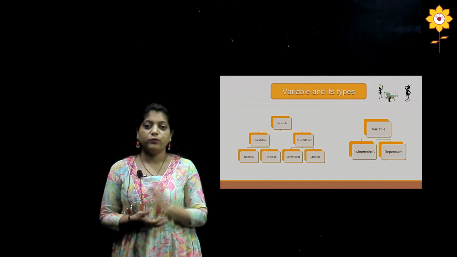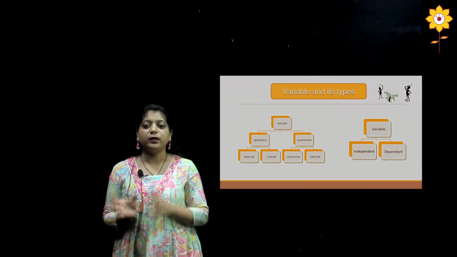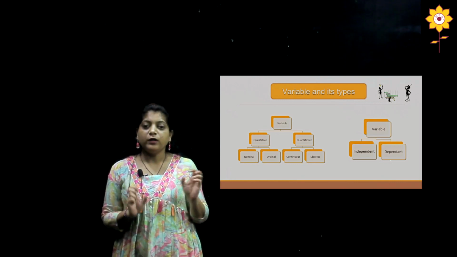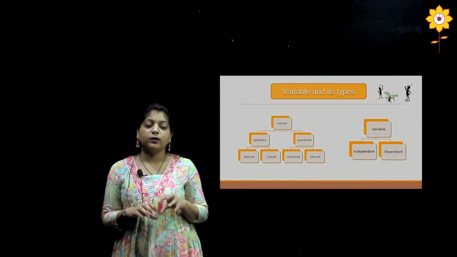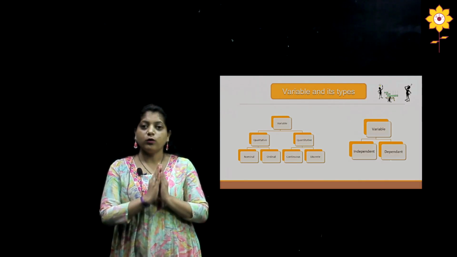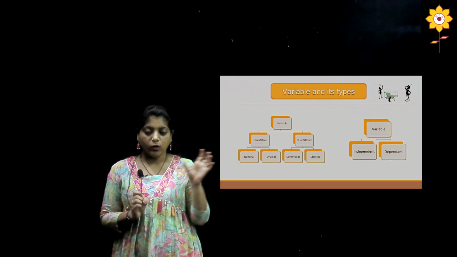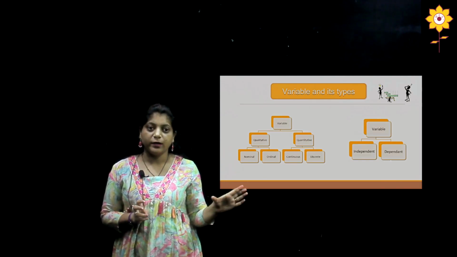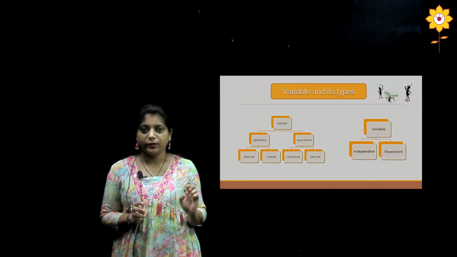There is one more bifurcation for the variable, that is independent and dependent. When we are going for the data collection for research, first we have to understand on what basis, or what will be our target, and for which target we are collecting the data.